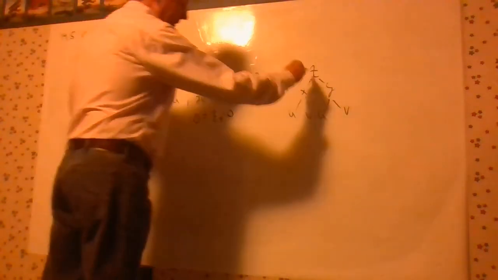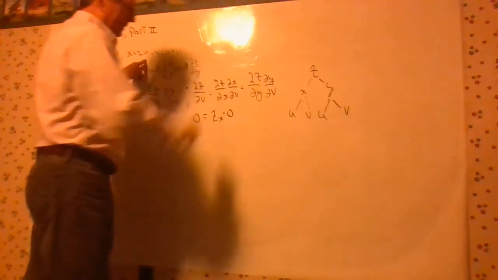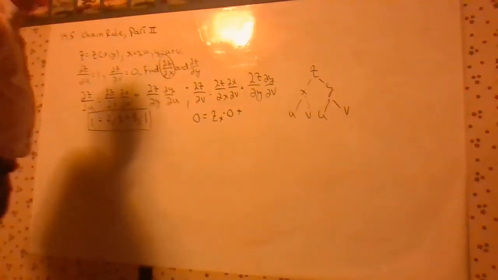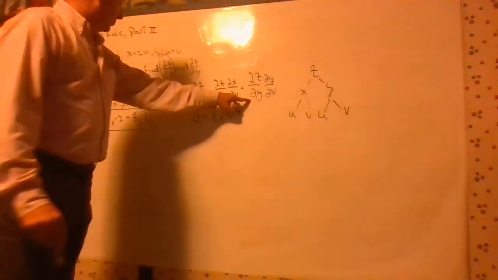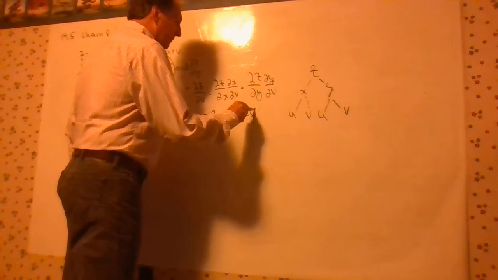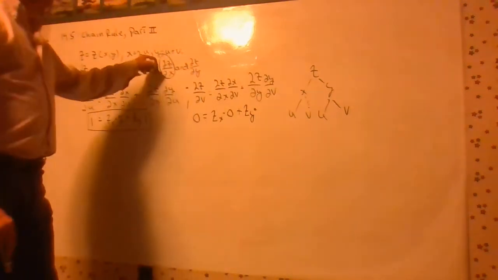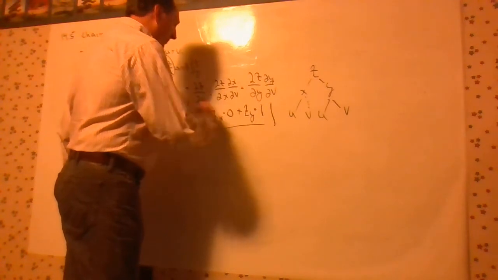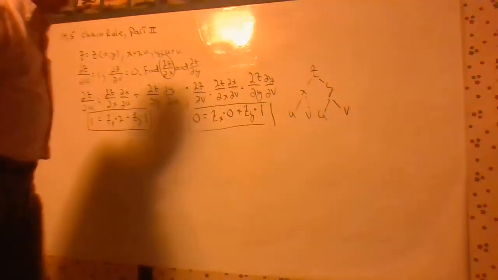Remember I told you you could add this term in, but it's going to zero out anyway, so I could have left it out. And partial of z with respect to y, that is an unknown. Partial of y with respect to v looks like that's a 1. There's our other equation. Now we have two equations, two unknowns.